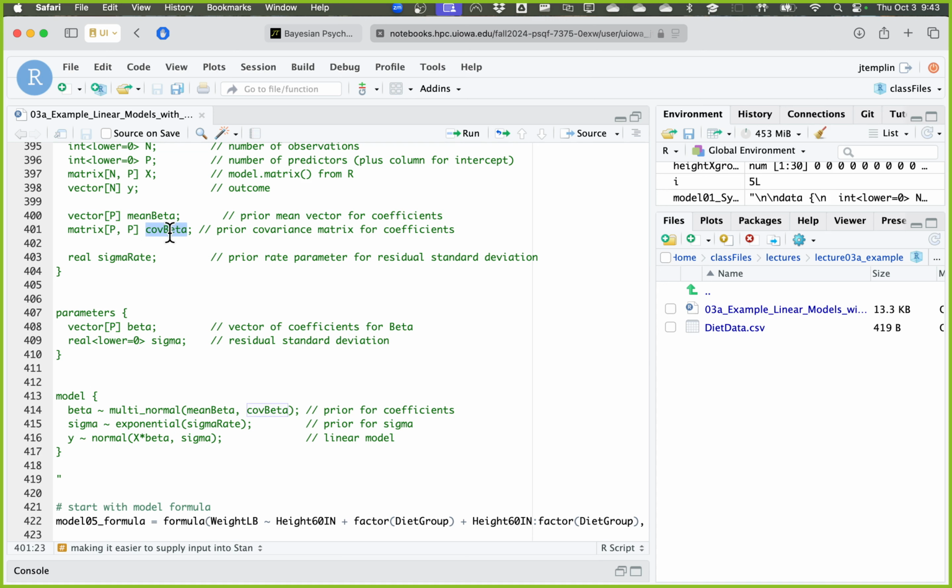The diagonal of it will tell us what the prior variance is for each one of those beta coefficients. So our hyperparameters are built into matrices. That's a little bit more of a complex concept, but it certainly shortens the code.